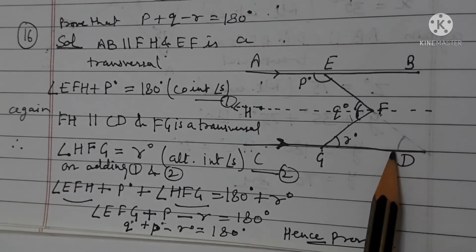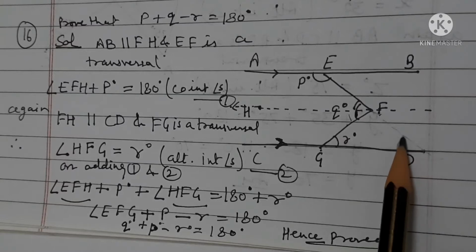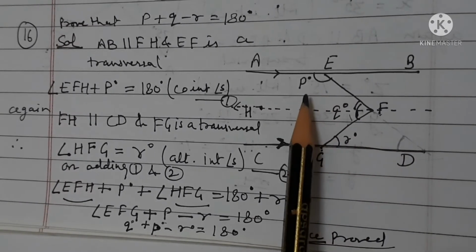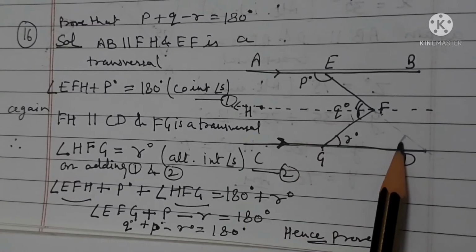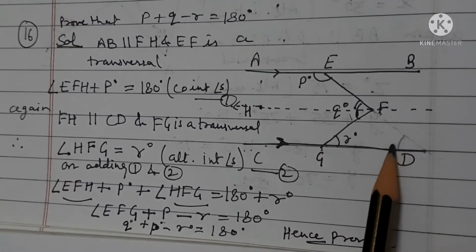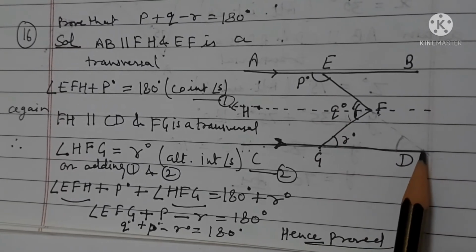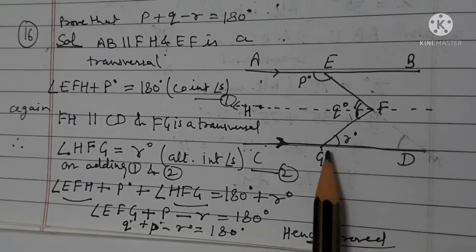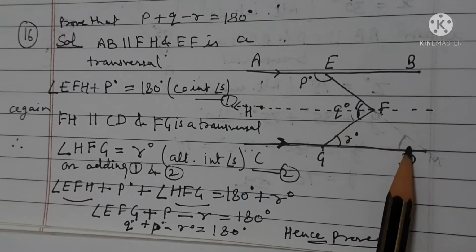Because these two are parallel lines, it will be angle P plus this angle E, and suppose this is the point M. So angle EMG. These are co-interior angles.